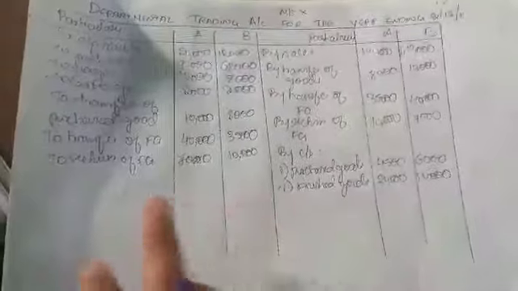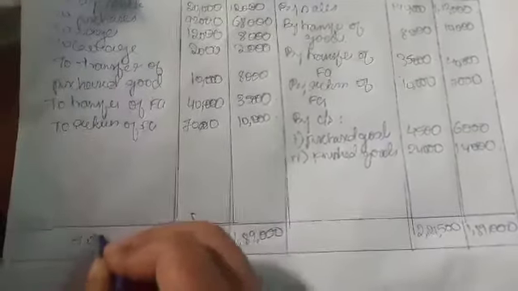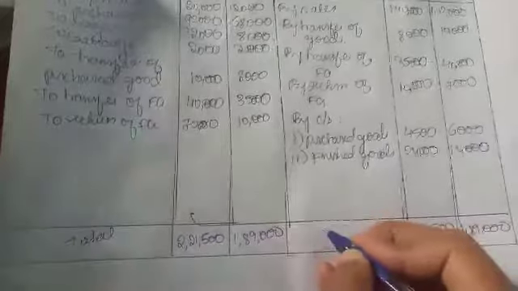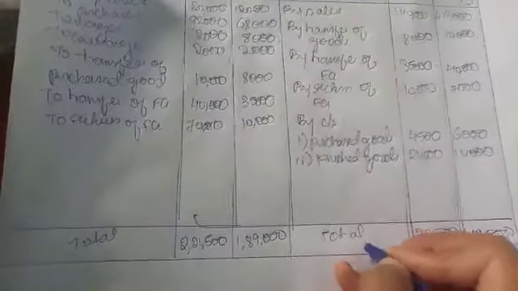Now make the total and we'll see whether it is a gross profit or gross loss. I've got the highest total on the credit side. So the total is 2,21,500 and 1,89,000. And now it is the gross profit.